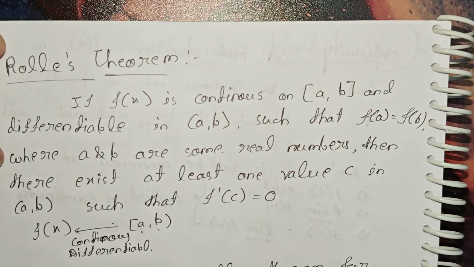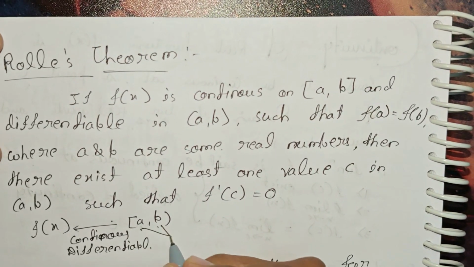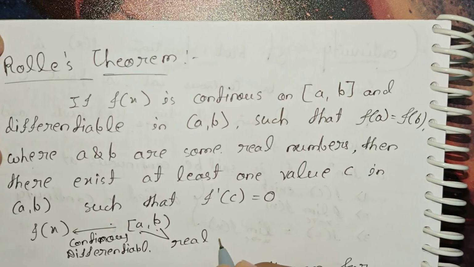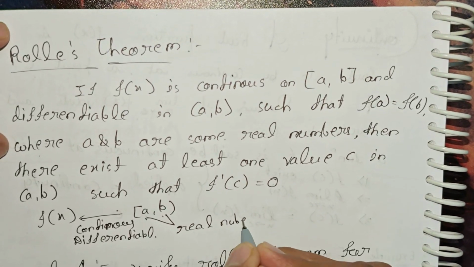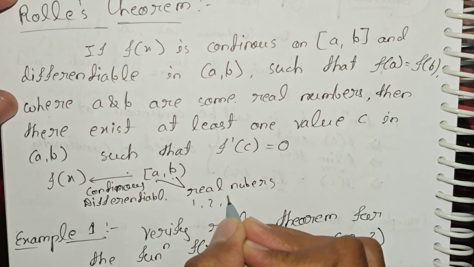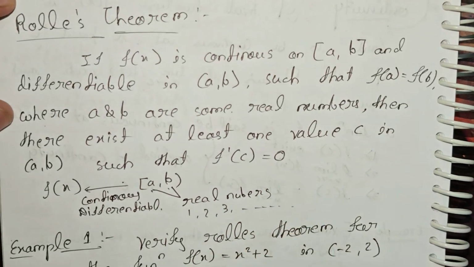Here a and b are real numbers, as you know, 1, 2, 3, and so on.